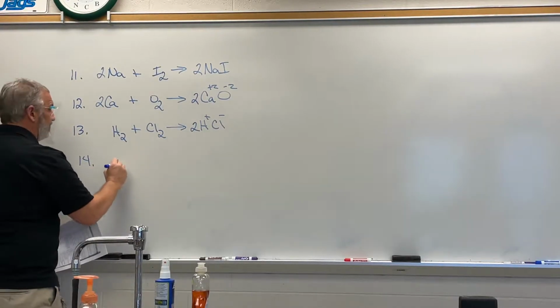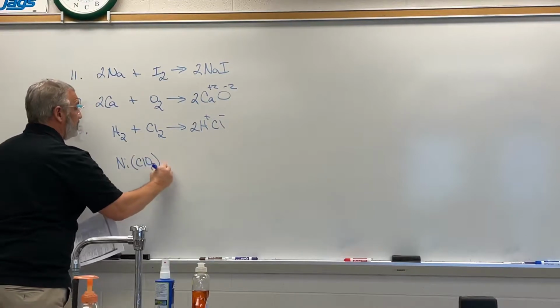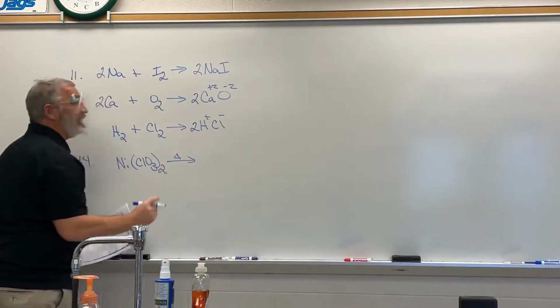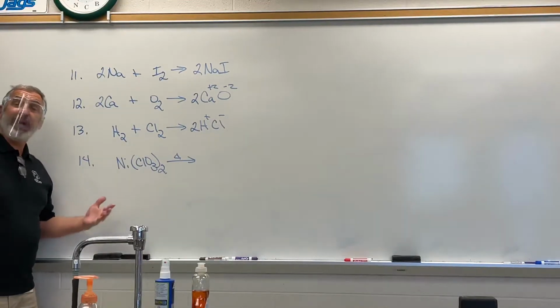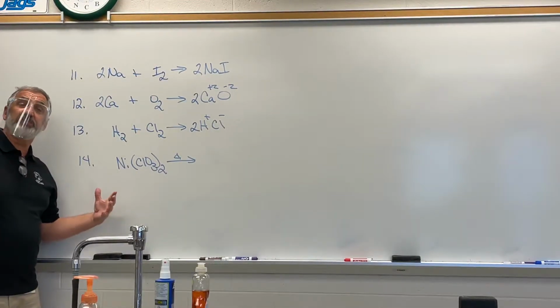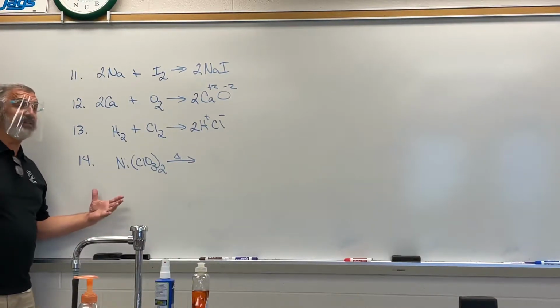Decomp. Now, nickel 2 chlorate. You have to realize you will have the rules, and if you go in, it says metallic chlorates decompose into the metallic chloride and oxygen gas. So what's the metallic chloride going to be?